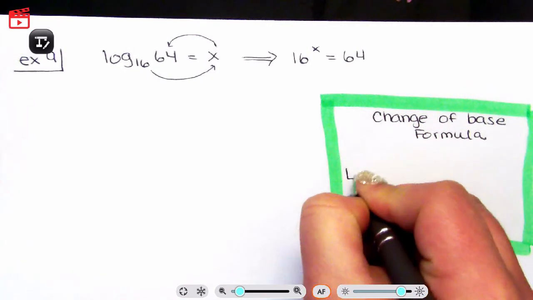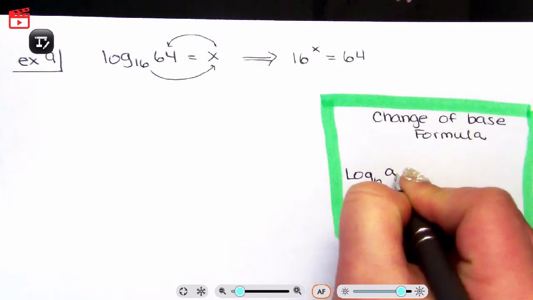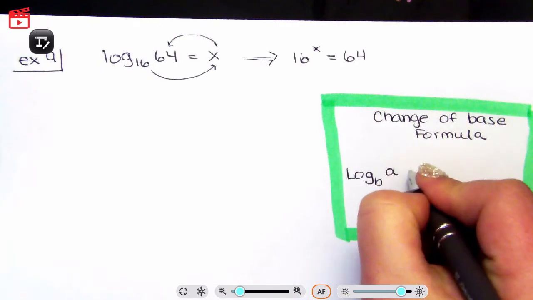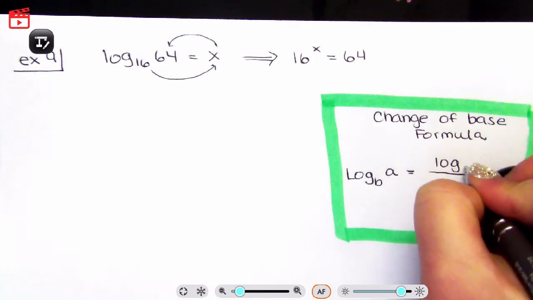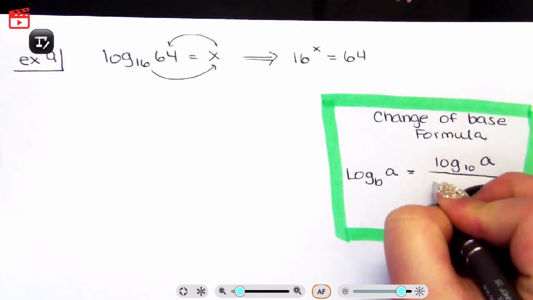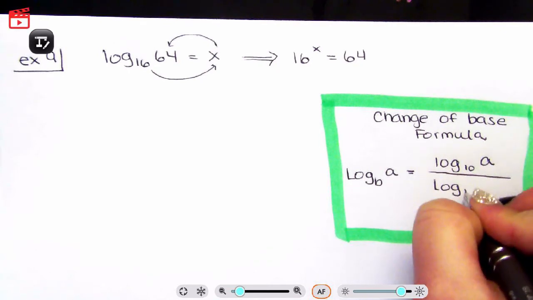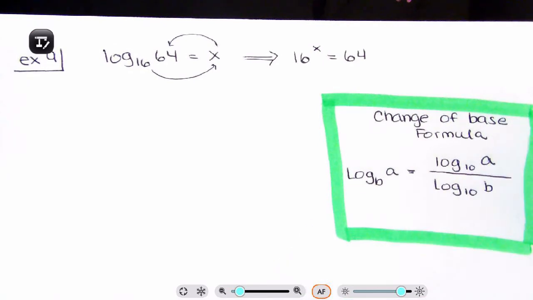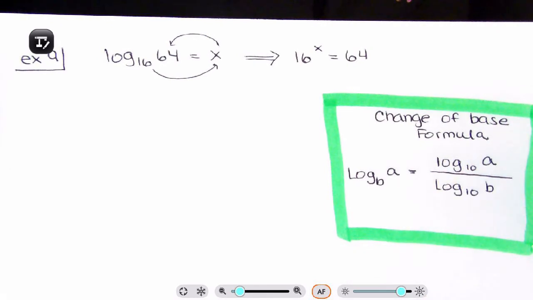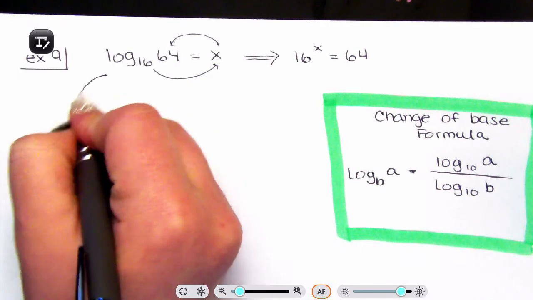And that means when you have log base b of a, you can evaluate that, or you can change the base to a base 10 by saying log base 10 of a divided by log base 10 of b. Now, a lot of times you will not see this 10 because 10 is a common base. Because it is so common, we actually don't write 10. So that's why on the calculator, whenever you see log, you will not see this 10. It is implied.